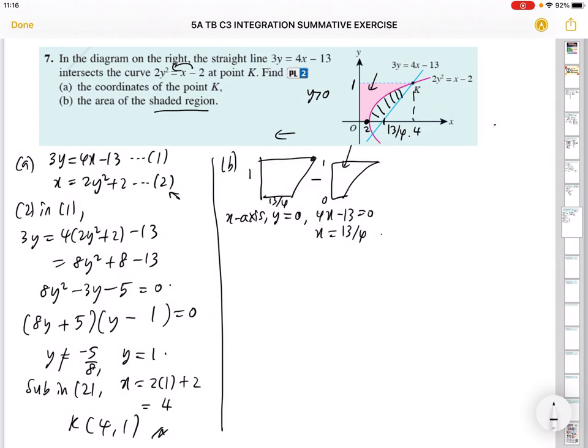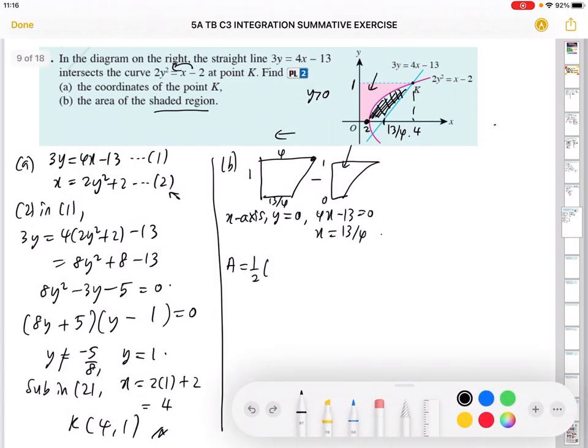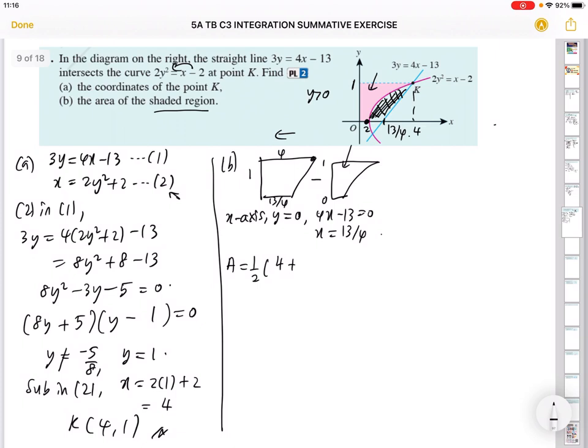So your area of the shaded region, I'm referring to the shaded region here, will take half the sum of parallel sides. Your parallel sides should be 4 plus 13 over 4, times height which is 1, minus the integration from 0 to 1 of 2y squared plus 2 dy. 4 times 4 is 16, 16 plus 13 is 29.